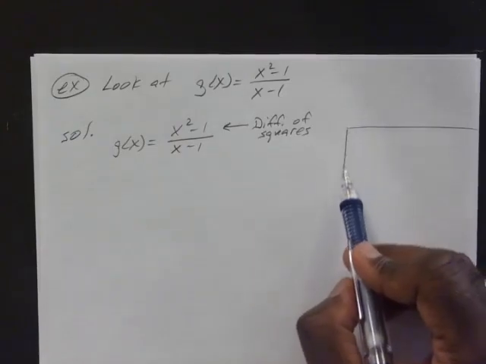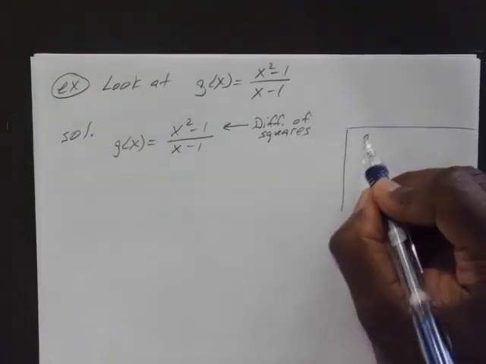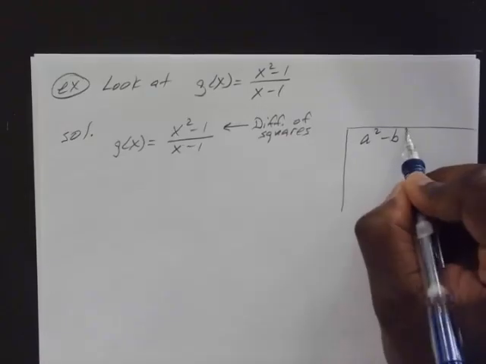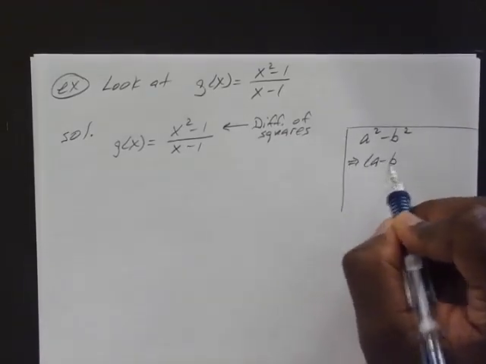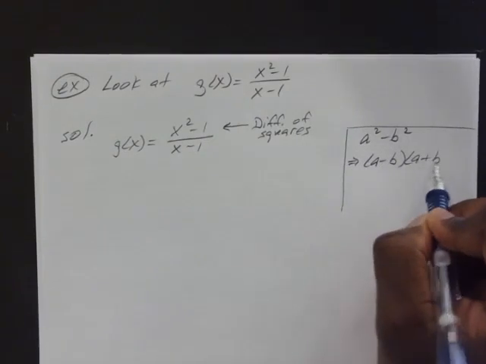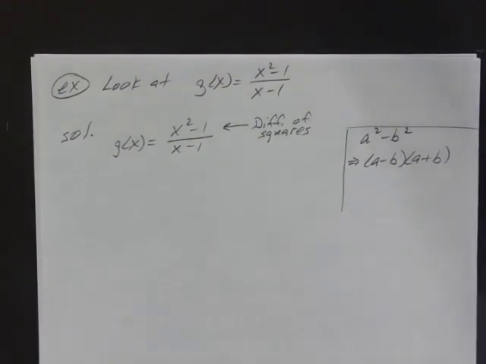If you remember your difference of squares, you have a squared minus b squared. That's just a minus b times a plus b, or a plus b times a minus b. It doesn't matter the order.